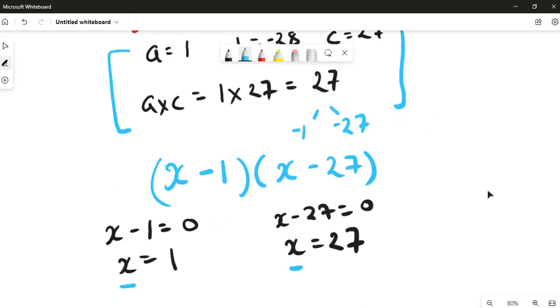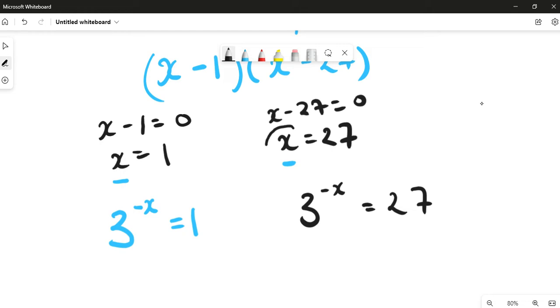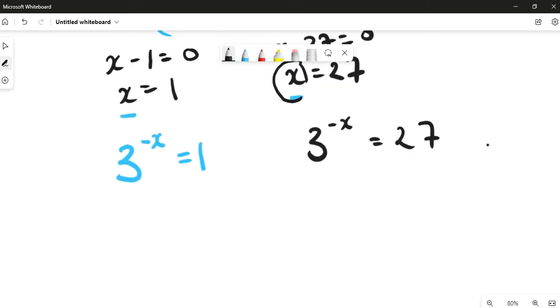So we have to resubstitute again. We have one equation, 3 to the power negative x equals 1, and the other one here is 3 to the power negative x equals 27. Remember, these values of x, we substituted them for 3 to the power negative x. Now we can find the value of x.